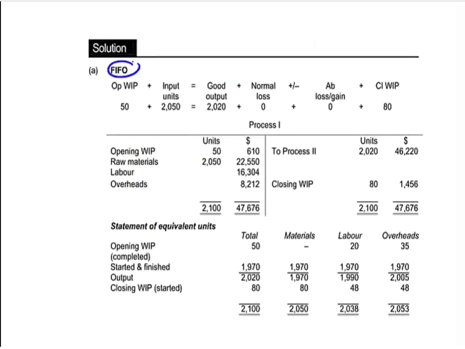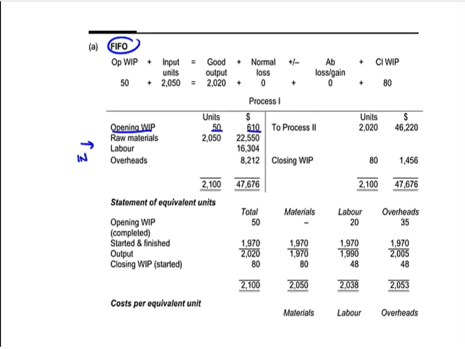So starting off then looking at it from a FIFO point of view, we have all of our inputs, which are the same as before, but we've just got this extra line here for our opening work in progress.